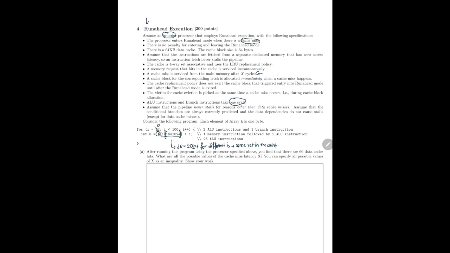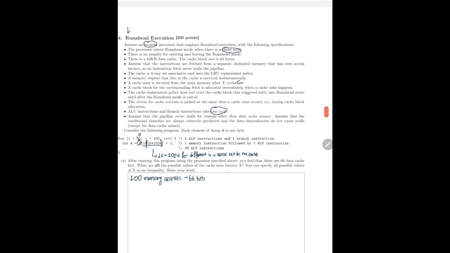Okay, so what's the first question? After running this program using the processor specified above, you find that there are 66 data cache hits. What are all the possible values of the cache miss latency X? You can specify them using an inequality and show your work. So how many memory accesses do we have in total? We have 100 memory accesses.